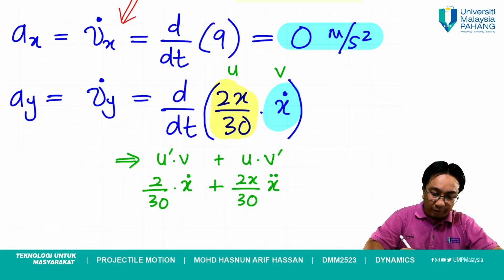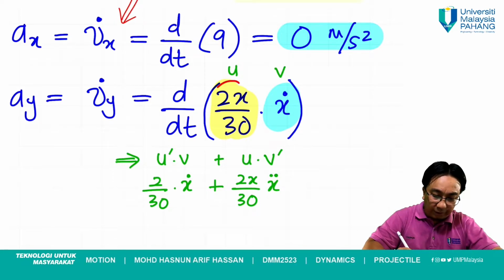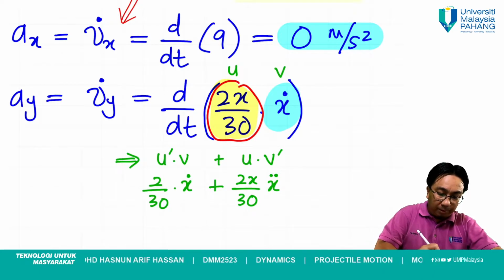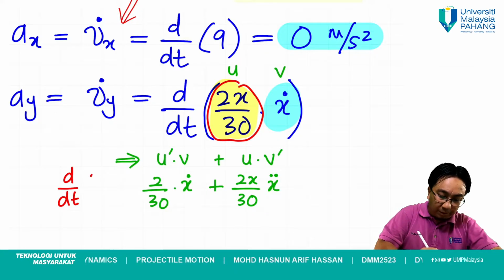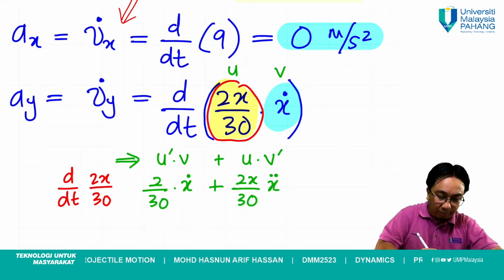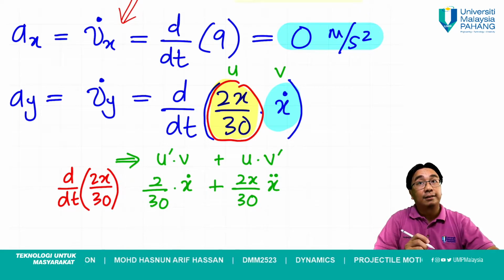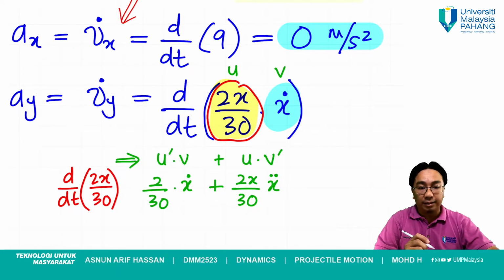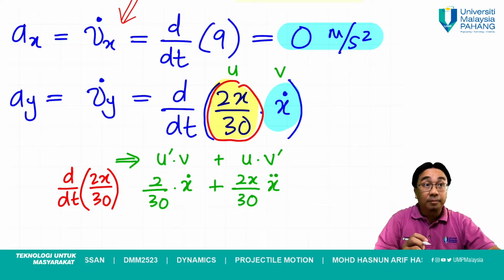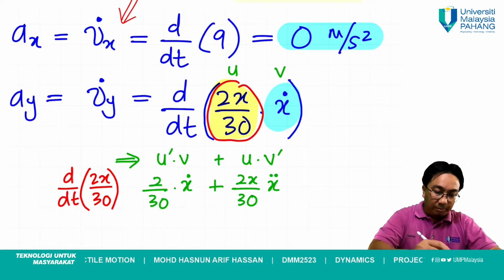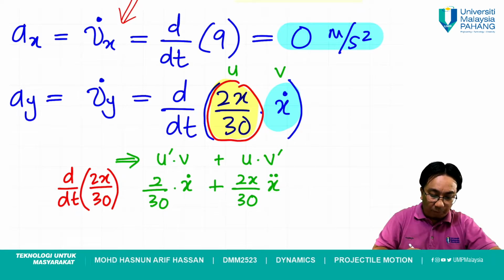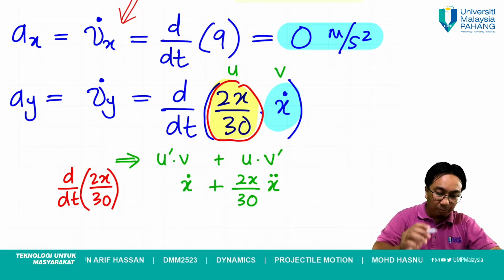Okay, u is 2x over 30, and then u prime means that it's d over dt of 2x over 30. So basically we have to use the method like before again. Is this what you are asking? Who asked just now? Me, sir. Is this what you are asking? 2x dot or 2 only? Okay, because here the answer is not this one. Sorry, this is my mistake. I only just noticed too.